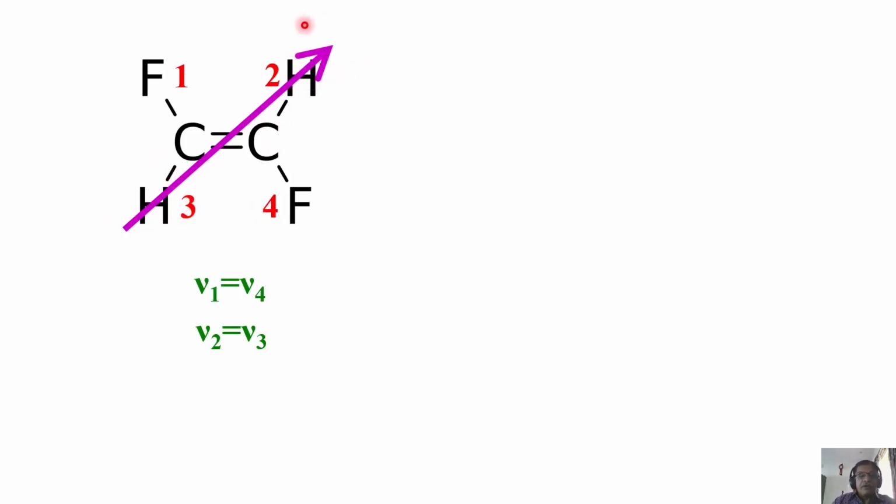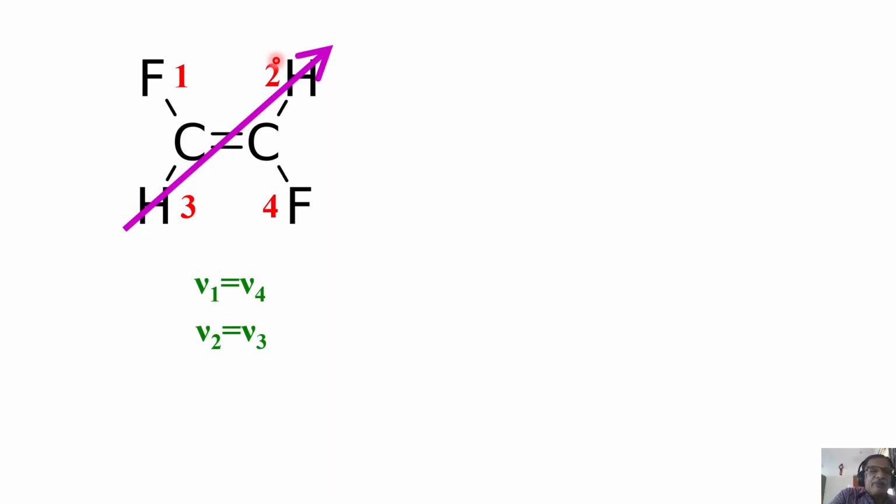So proton 2 and proton 3 come at the same chemical shift position. So they give a single peak. These two fluorines give a single peak in the fluorine spectrum. These two protons give a single peak in the proton spectrum. You understand how symmetry simplifies the spectrum. Otherwise, let us say I attach some X here, something else, or here I attach another functional group, then there is no symmetry.